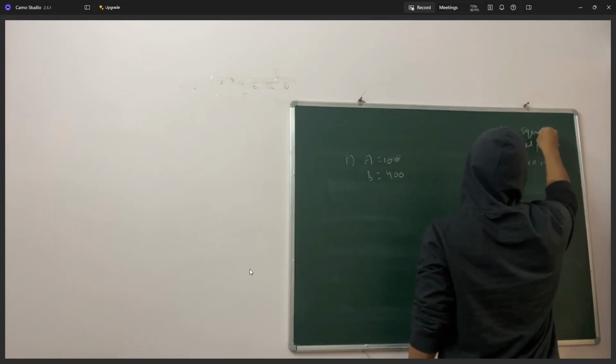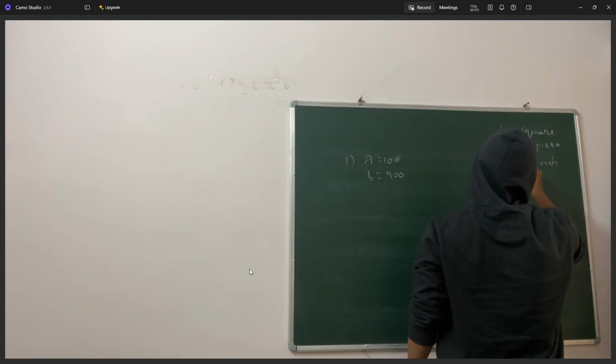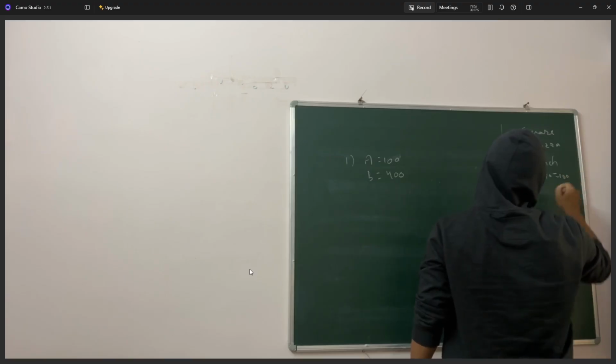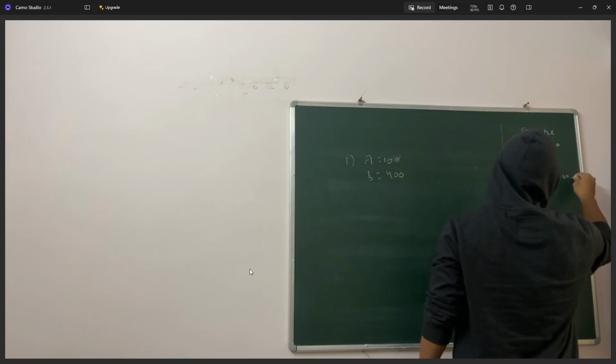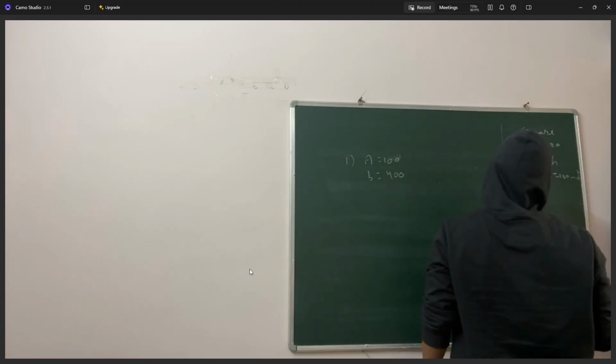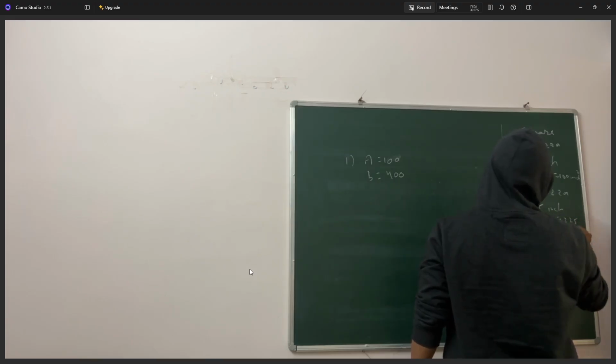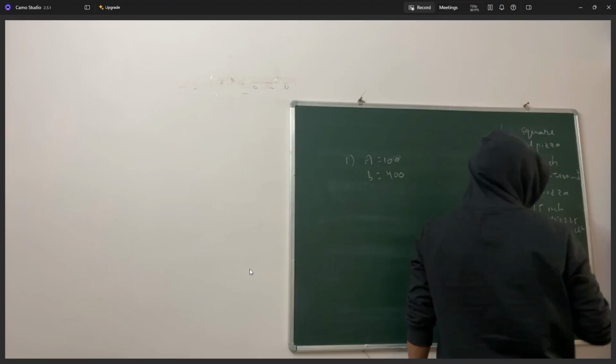Both are square pizzas, and the amount of pizza is its area, side into side, which is 10 into 10, 100 inch square. Similarly, the large pizza has a side of 15 inches. It is also a square pizza, and its area is 15 cross 15, which is 225 inch square.